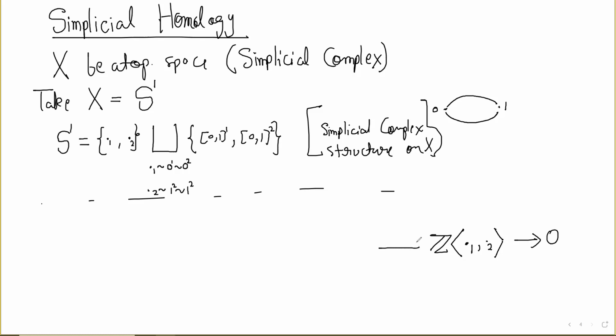I will explain what these arrows are, but first let me write this here. Again, I have to take the free abelian group on the 0 simplices I took. Now I take the free abelian group on the 1 simplices.